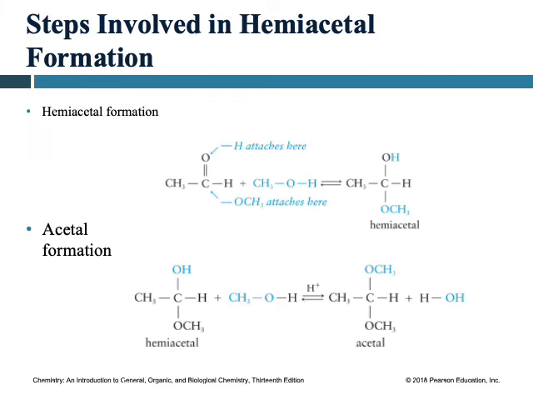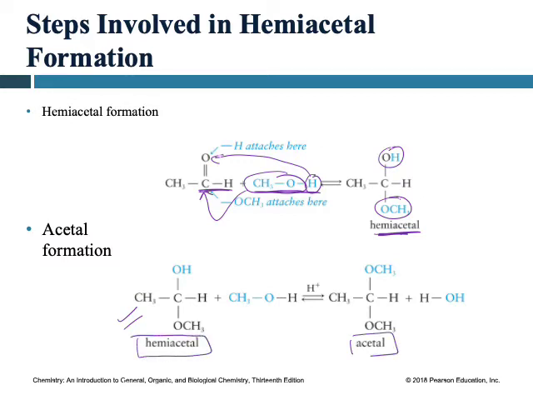Now, I already explained how hemiacetal and acetal normally form during the reaction of an aldehyde with an alcohol. This is just one more explanation, exactly the same. The CH3O is going to bind with the carbon, the hydrogen is going to attach to the oxygen, and then you form hemiacetal, right? This is the same type of reaction that I already explained for making acetal from hemiacetal. So let me explain one more time. This is hemiacetal.